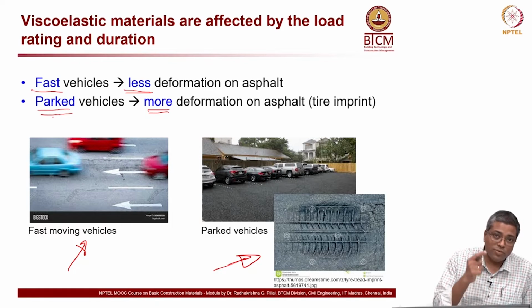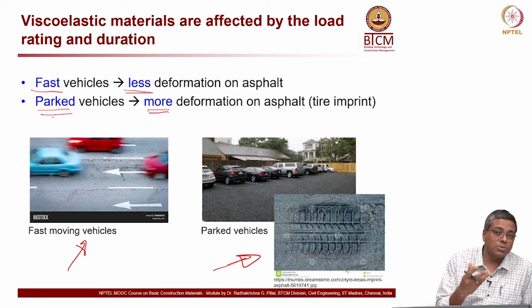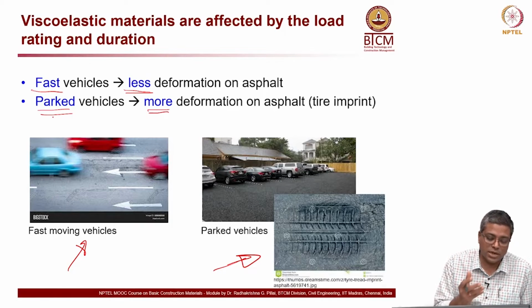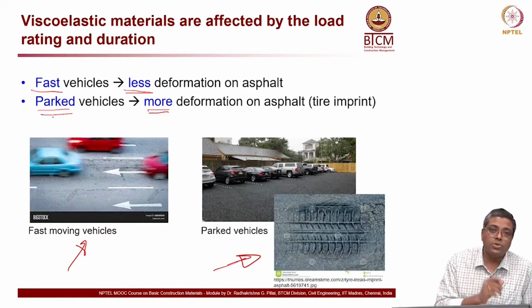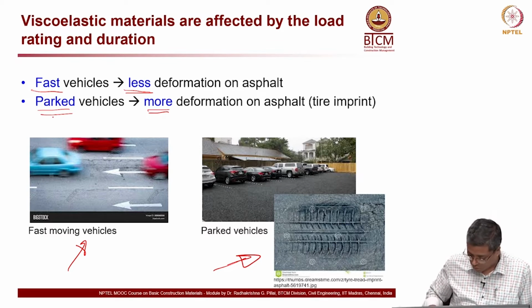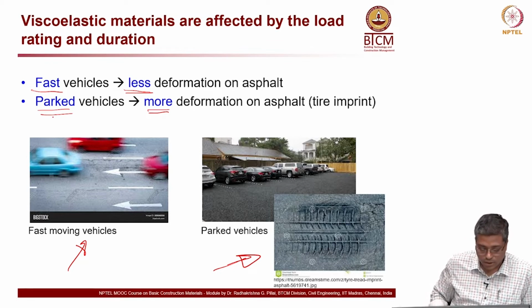Okay. But on fast moving vehicles, even at a higher load, you will not see as much deformation. That's what you have to look at. So, you have to look at the time, duration, and also the value or the magnitude of the load. Both are important to consider when we think about deformations here.